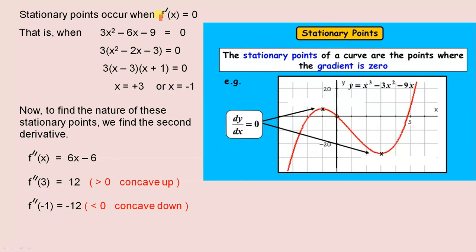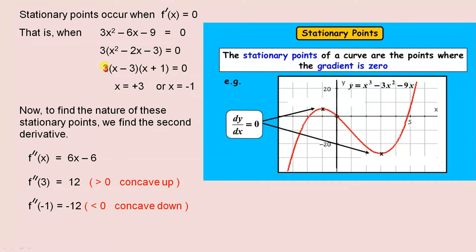Now the stationary points we saw earlier occur when f dash x equals 0. That is, when 3x squared minus 6x minus 9 equals 0, we factorise by taking the 3 out, and we further factorise to have this line here.